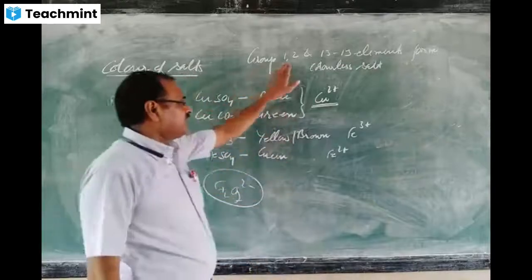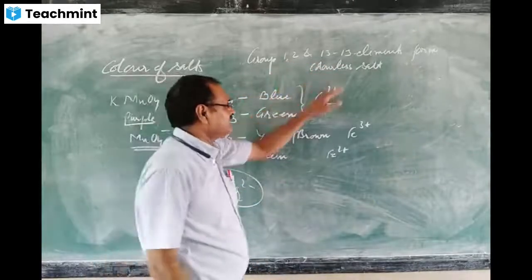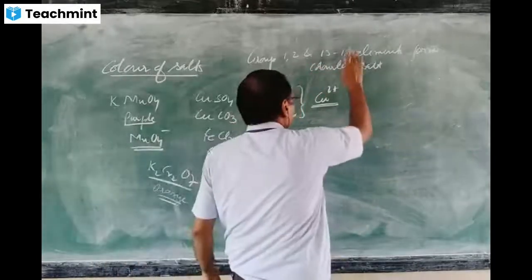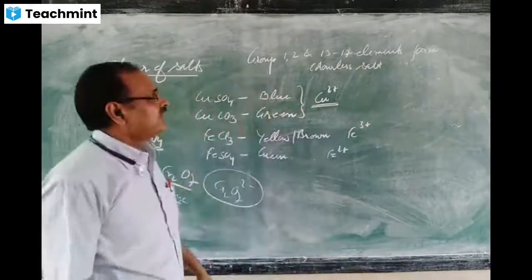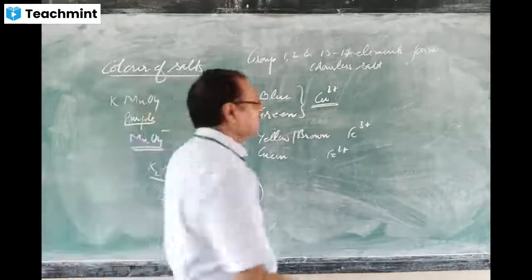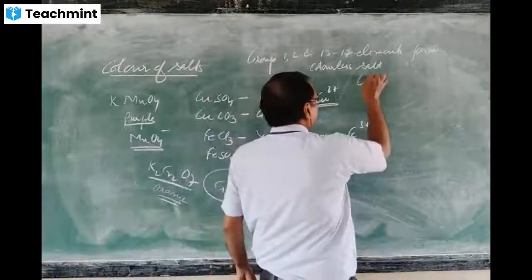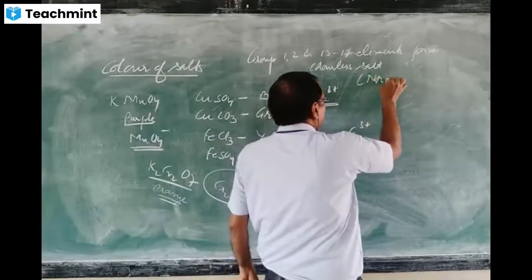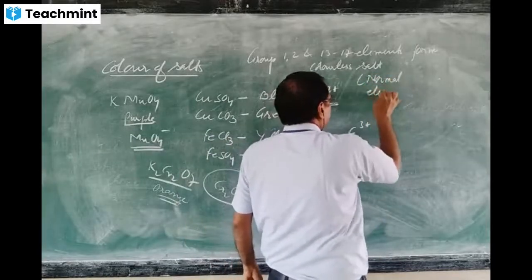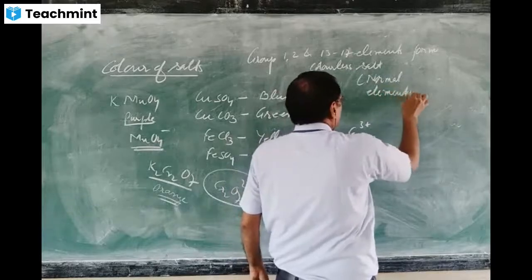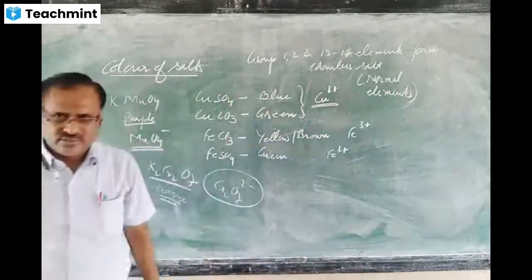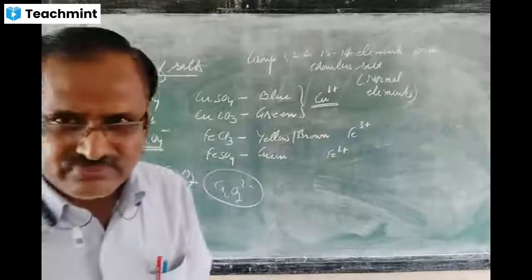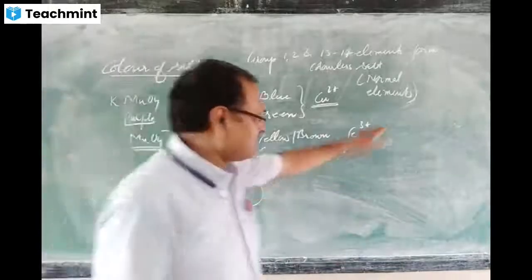It means normal elements. So normal elements will form colorless salts. No color will be there for the normal elements.